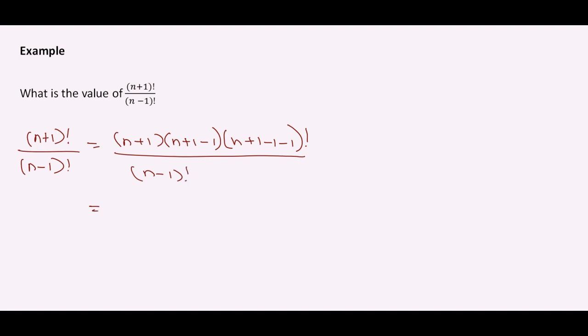So let's see what this is. We have n plus 1 multiplied by n multiplied by n minus 1 factorial divided by n minus 1 factorial.